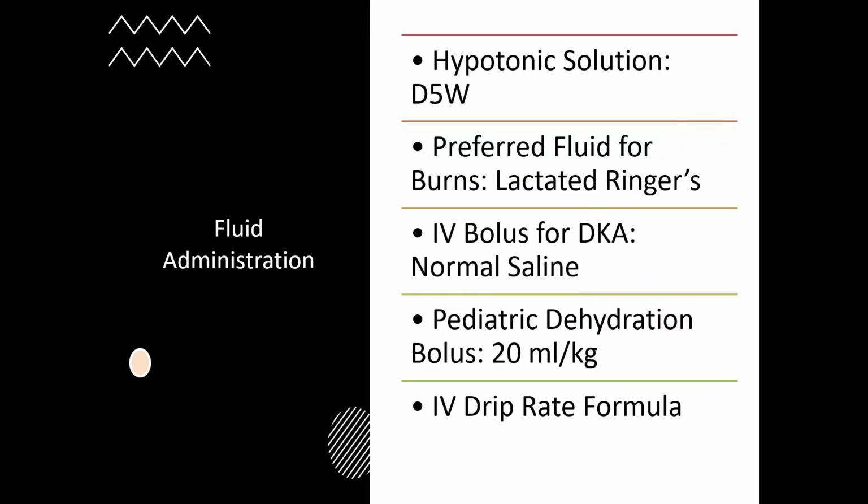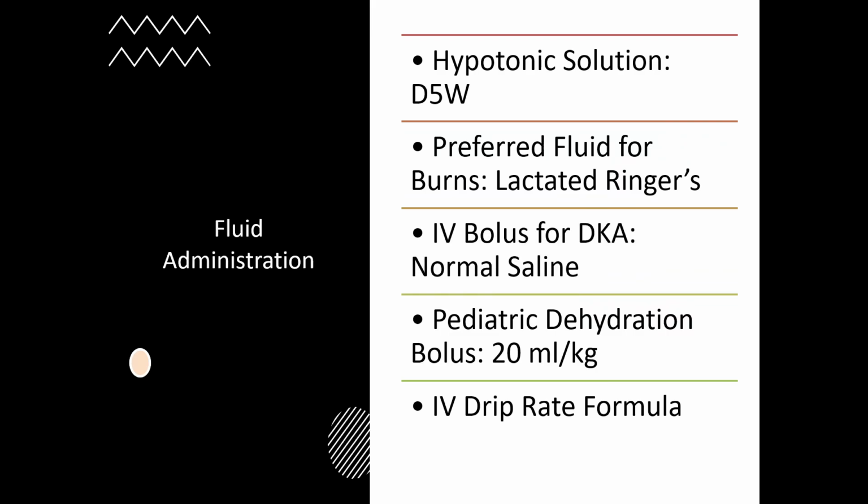In the field, normally we divide it by 2. So 180 divided by 2 is 90. We would go with 20 milliliters per kilogram, so you take 20 and multiply that by 90, and that will give you your fluid bolus. That works for adults and peds.